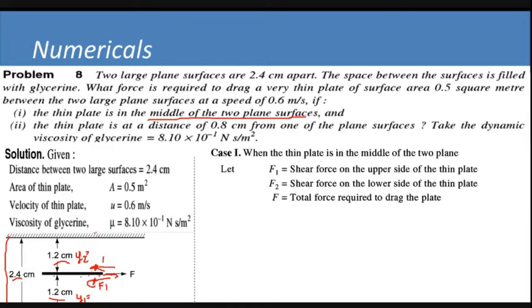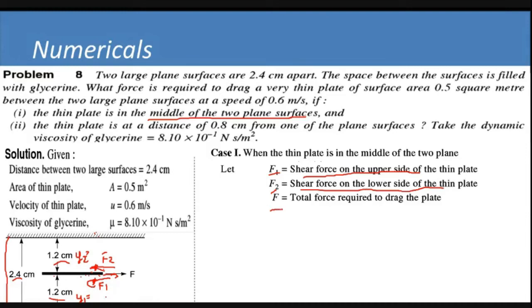F2 is the drag force due to the fluid between the top plate and the given plate, and F1 is the drag force due to viscosity between the bottom plate and the given plate. Let F1 be the shear force on the upper side, and F2 the shear force on the lower side of the thin plate.